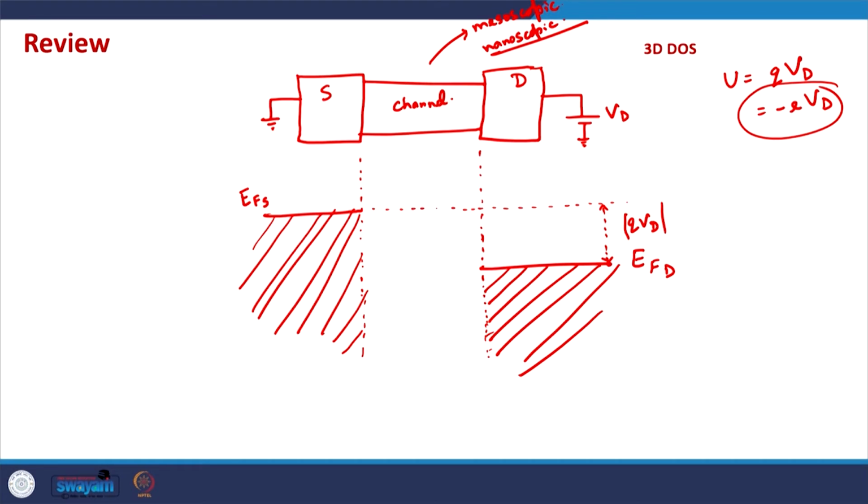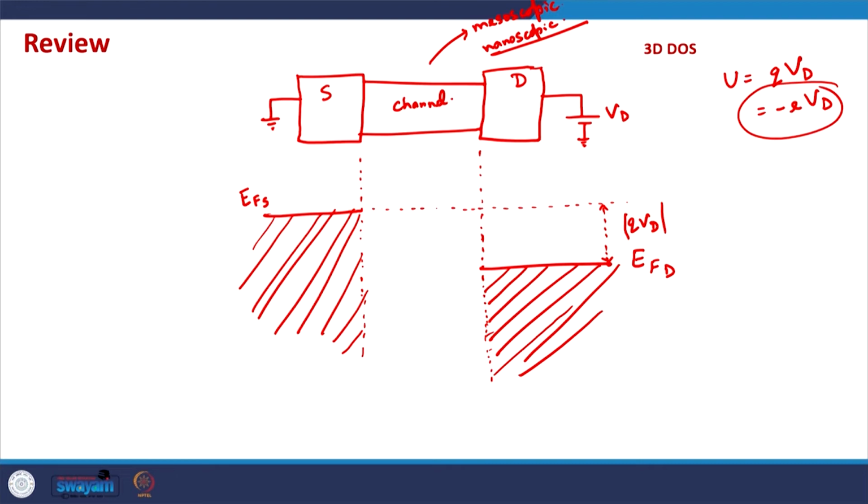Now, by definition, all electronic states below the Fermi level are occupied at T equal to 0 Kelvin, and as temperature increases some of those states become empty, but generally in metals it is considered that all the electronic states below the Fermi level are filled.